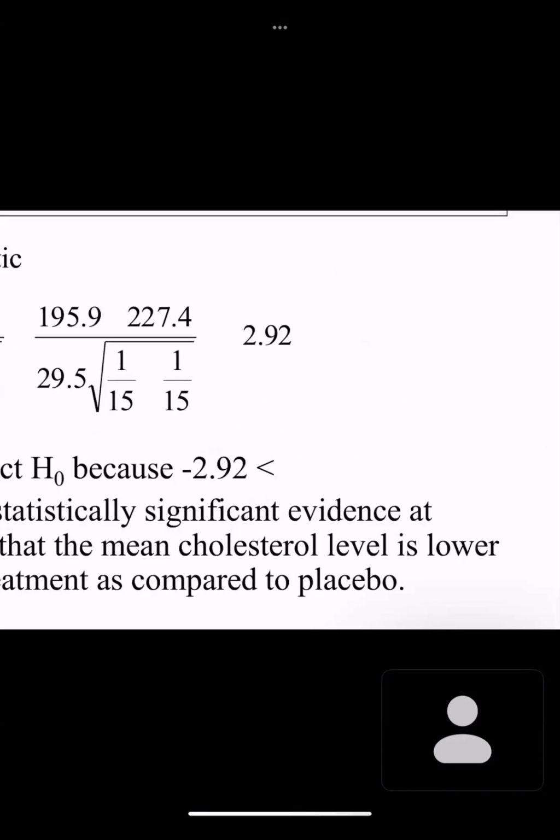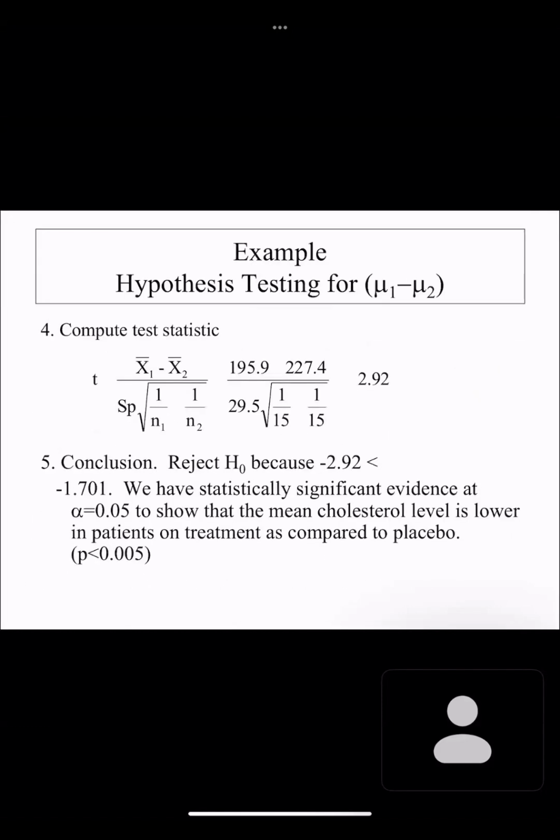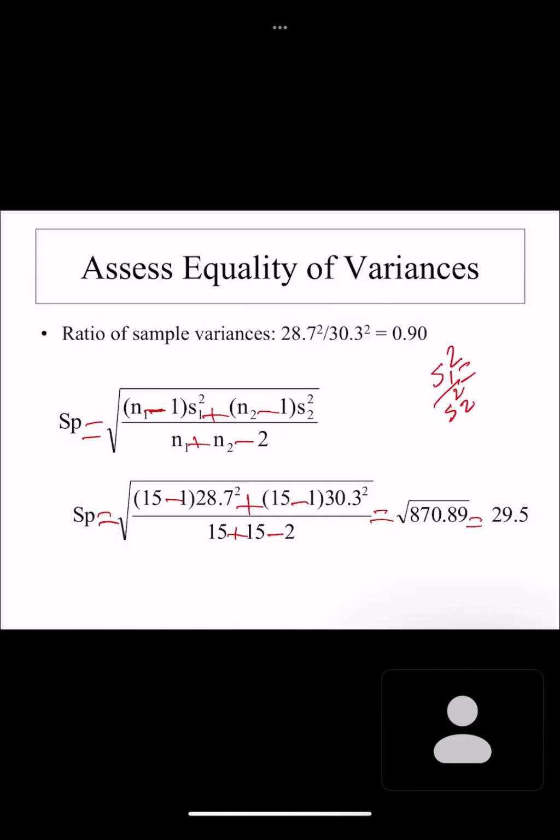Excellent, exactly. So here the ratio is 0.9. Do you remember, ladies and gentlemen, this about equal variance? Yeah, okay, thank you.